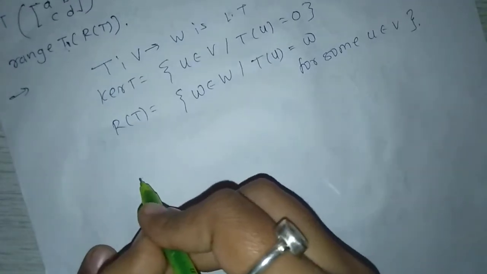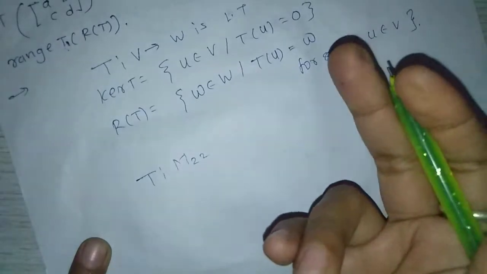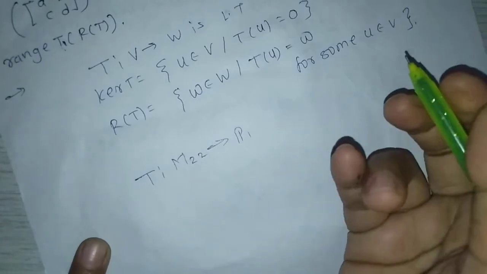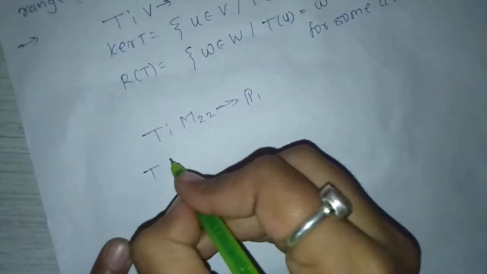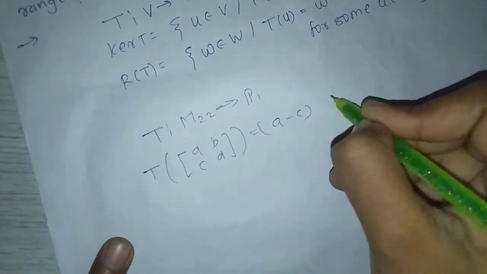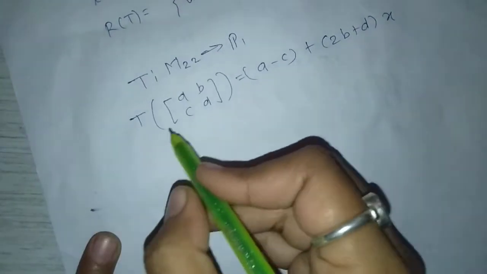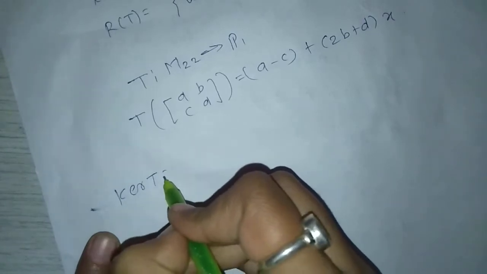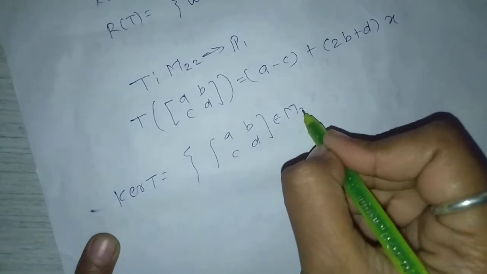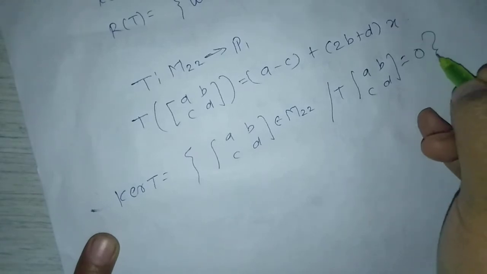Now here given T mapping M2, means set of all 2 by 2 matrices with real entries, to P1, means set of all polynomials with degree at most 1, and T of ABCD is defined as A minus C plus 2B plus D into X. For kernel of T, from definition we have ABCD belongs to M22 such that T of ABCD equal to 0.